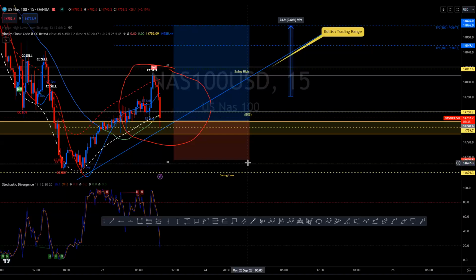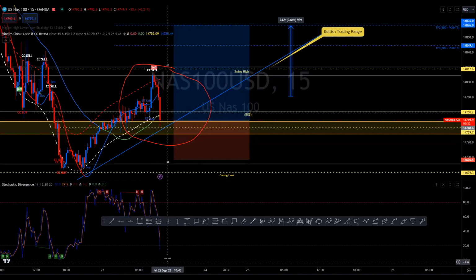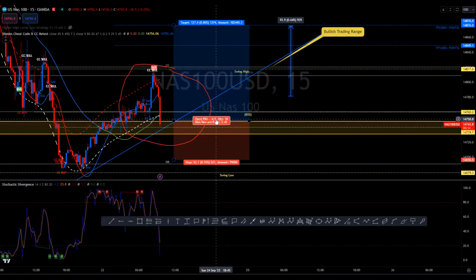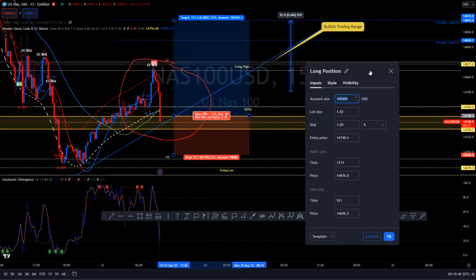But I'm back. So yeah, it looks like it's testing this area here. I'm going to wait for that news candle, see what will happen, and see if I can jump in there. About a little bit of 5 minutes before that happens. Let's see.